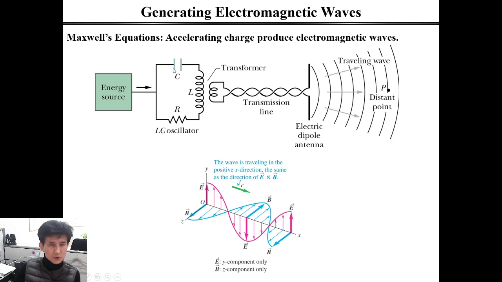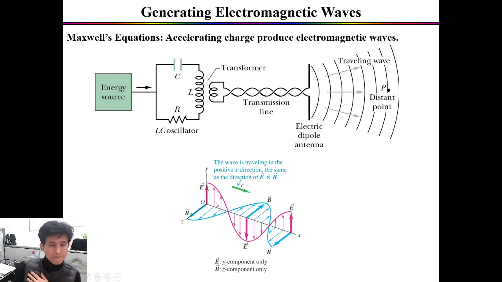So if we change the magnetic field or current through this kind of circuit, we can generate an electromagnetic wave traveling this way. And this is how we can generate or transmit a signal with an antenna through the medium, through free space.